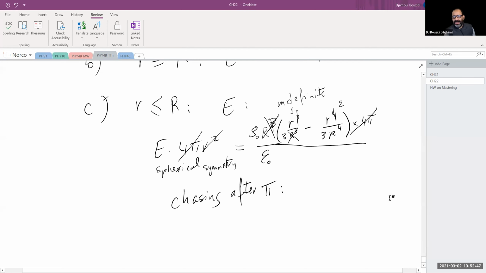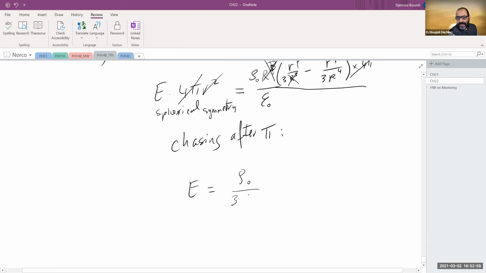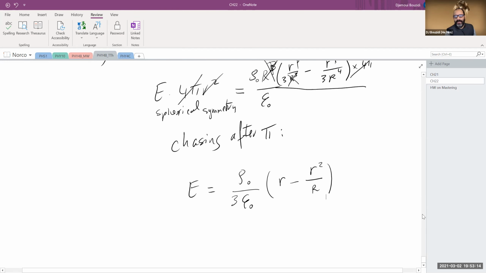So let me rewrite this expression, okay, in its full glory. And I have a third that is going to come out from the two terms. So E is going to be rho naught divided by 3 epsilon naught, and I'm left with an r in here minus r squared over R. The reason why I have an r in here is because r cubed and r to the power 4, I'm left with an R in the denominator, okay?